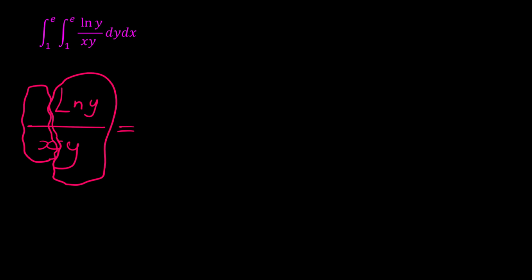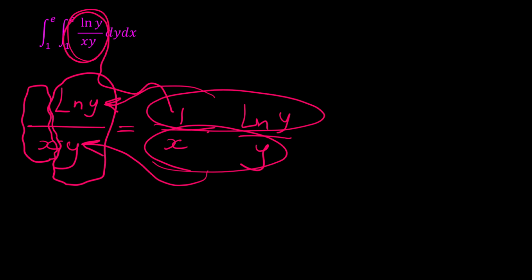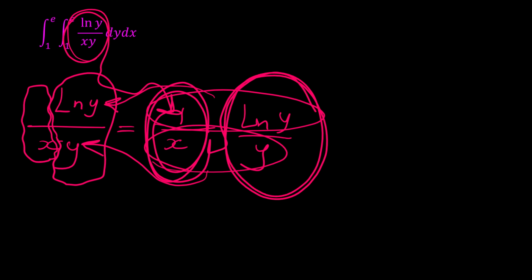So we can write this function in the form of 1 over x times ln of y over y. If you multiply numerator by numerator and denominator by denominator, we can write this function in the form of 1 over x, which is only in terms of x, times ln of y over y, which is only in terms of y.